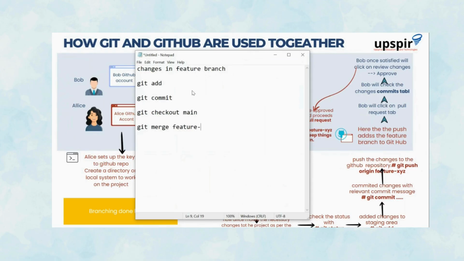This step will merge the changes to your local main branch. And now you will just do git push.